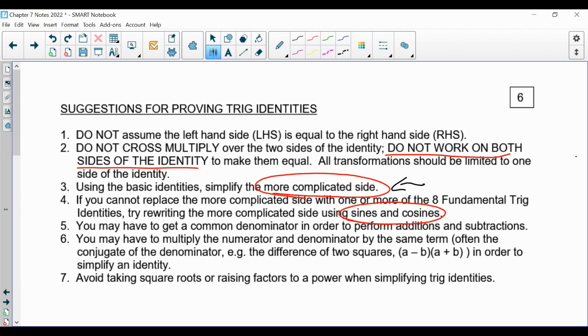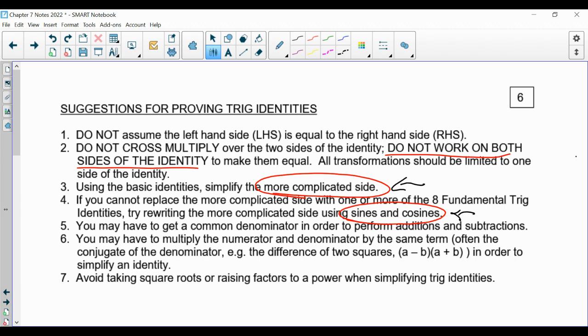It kind of focuses you in a little bit more. And then if you get stuck, switch everything to sines and cosines using either the reciprocal identities or the quotient identities. Those are your big two things: start with the more complicated side, and if you need to, change everything to sines and cosines.